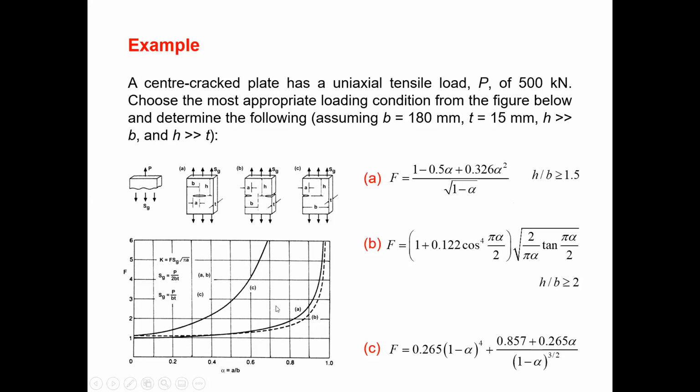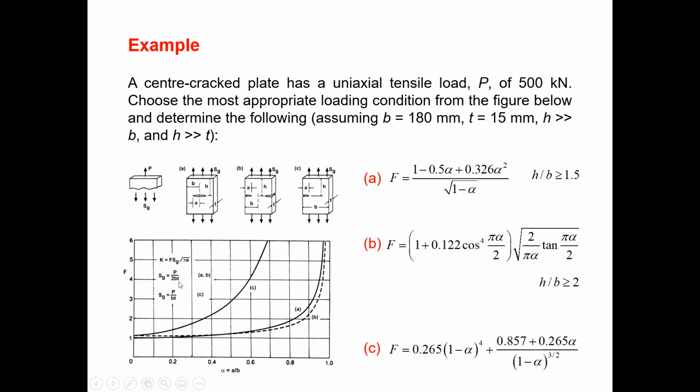So you can see here the ABC conditions. For the A diagram, this is the curve. This is B. This is C. If it is the A or B condition, you need to use this equation to find the stress. This is load divided by cross section.